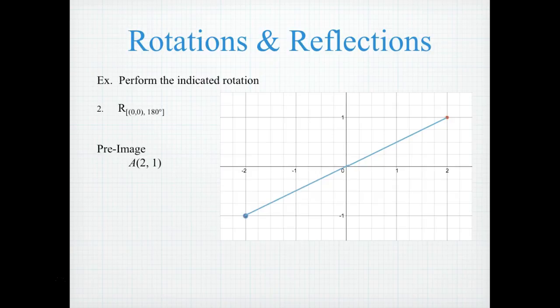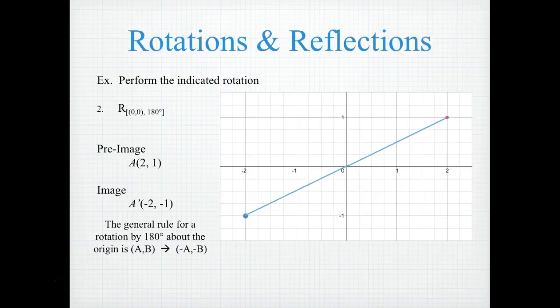The blue dot represents the image, which is the coordinate -2, -1. So the general rule for rotation by 180 degrees about the origin is (A, B) will rotate to (-A, -B). And a rotation of 180 degrees about the origin is equivalent to a -180-degree rotation about the origin.